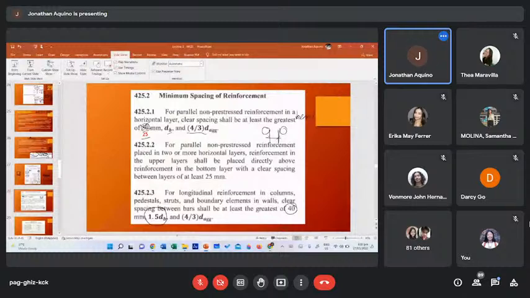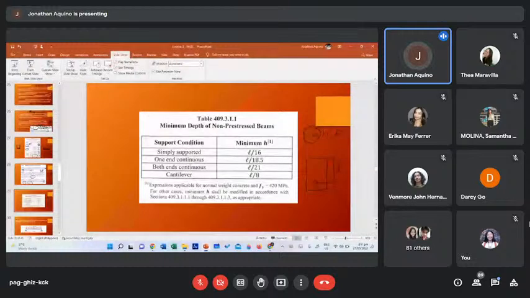Ito. So H is just simply the total height. So how do you get the total height? So let's say for example, meron tayong beam with reinforcing bars like this one. Then meron tayong stirrups.